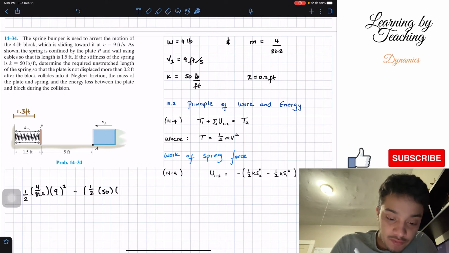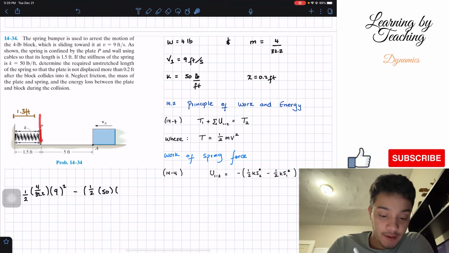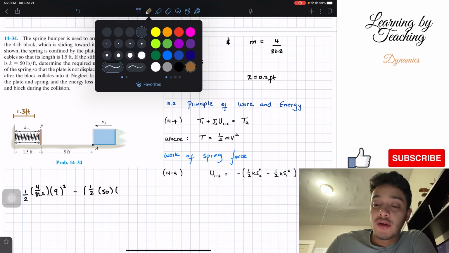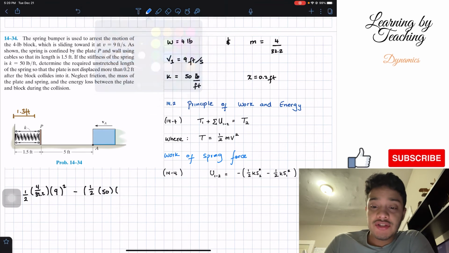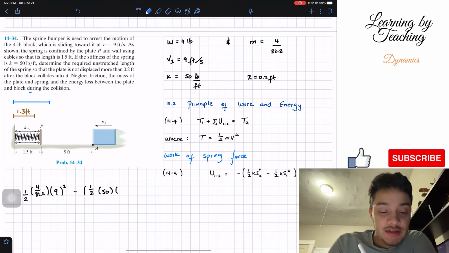From here to here, there is a gap of 0.2. Now the unstretched length of this spring is a little bit more than this 1.5 feet, and this one we don't know, and this is what we're trying to calculate.